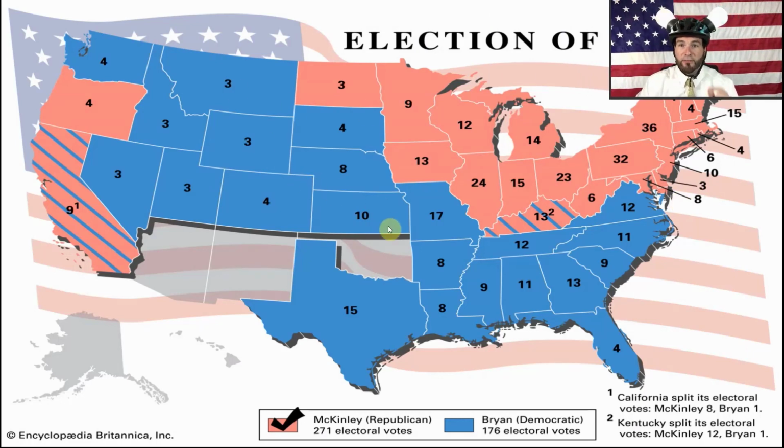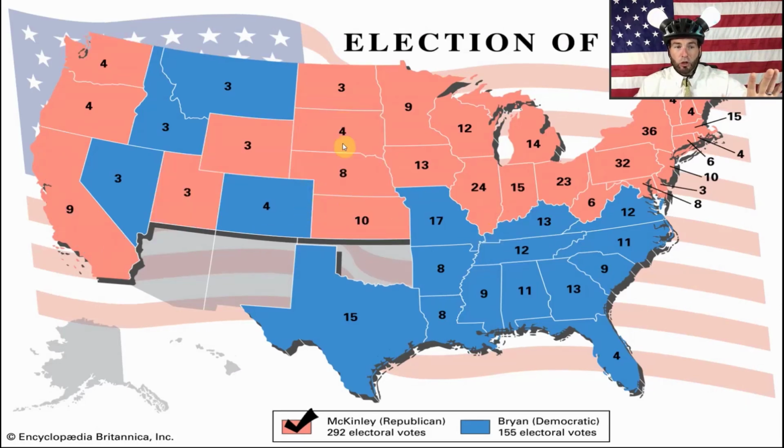So much so that 4 years later in the election, when William McKinley runs for re-election, and William Jennings Bryan runs against him again, this is the map right now. This is the next year. All these states right here changed their votes and voted for McKinley again. Because McKinley understood you can't ignore this massive amount of the country.